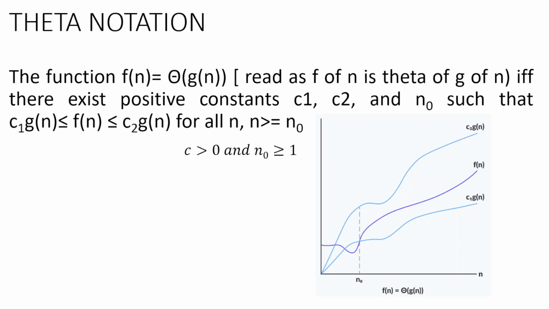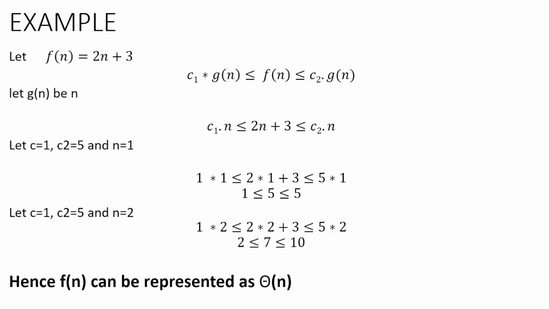Let us consider the previous example we have taken, that is f of n equal to 2n plus 3. So according to the mathematical equations, f of n should lie between c1 into g of n and c2 into g of n. That is, f of n should be greater than or equal to c1 into g of n and less than or equal to c2 into g of n. Based on the previous example, let us consider g of n equal to n.